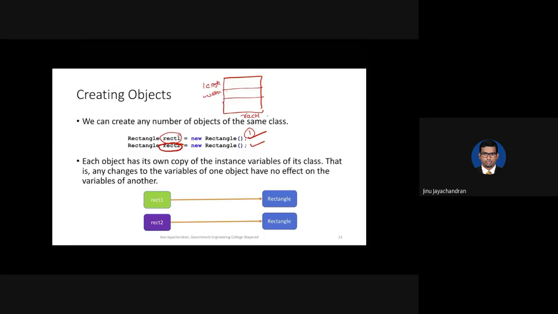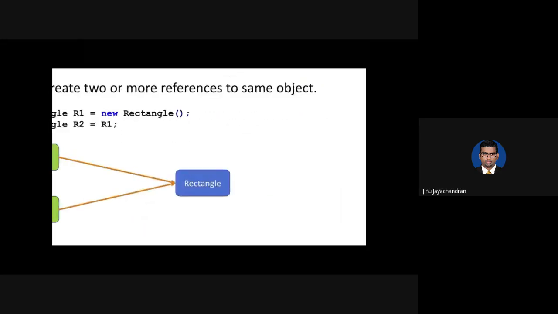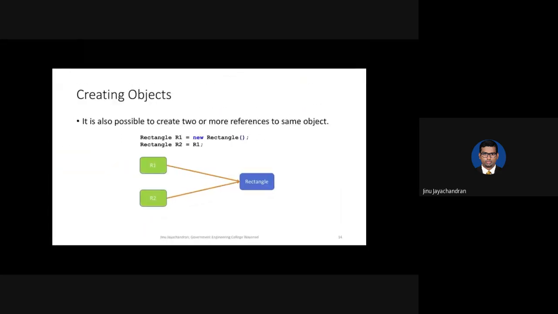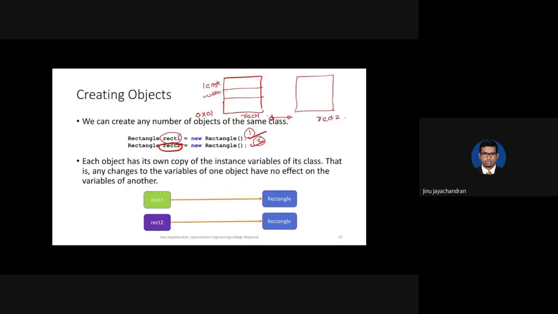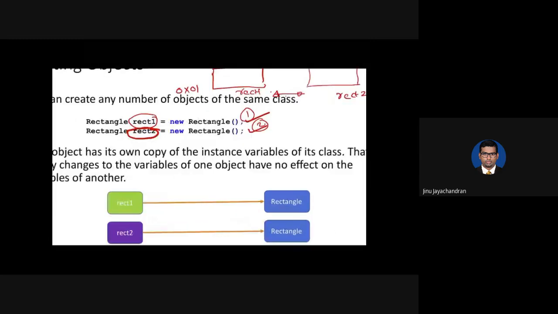Okay, when you do the second step, that is when you say Rectangle rect2 is equal to new Rectangle, it will create another memory. The new name is rect2. So these two memories are totally different. If this memory address is 0x01, this memory address will be something different, for example 0xf0 or something. So these are two different memory locations.